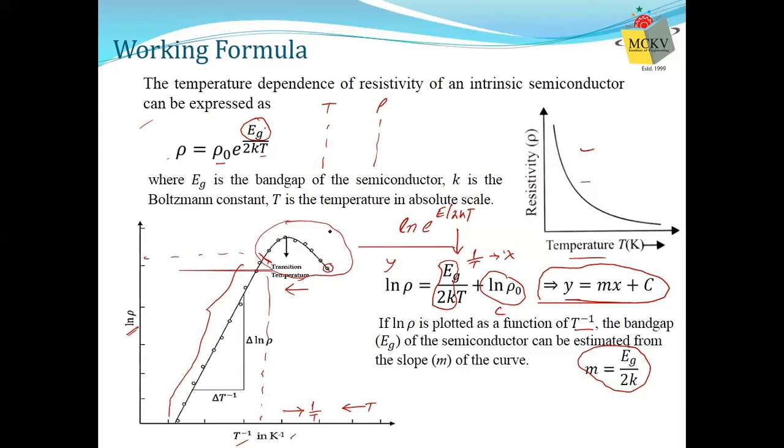So this region is the low temperature region, low with respect to the other portion. Within this region, the material hasn't shown its semiconducting nature yet. That's why we are not observing that straight line portion.